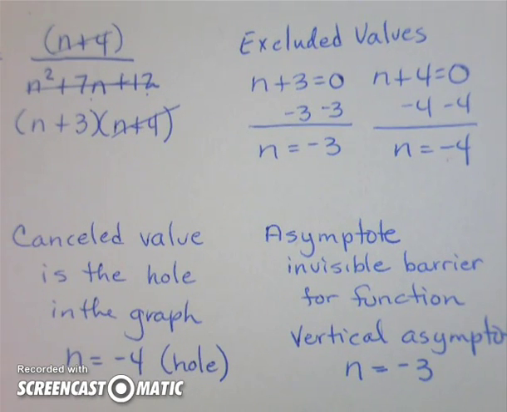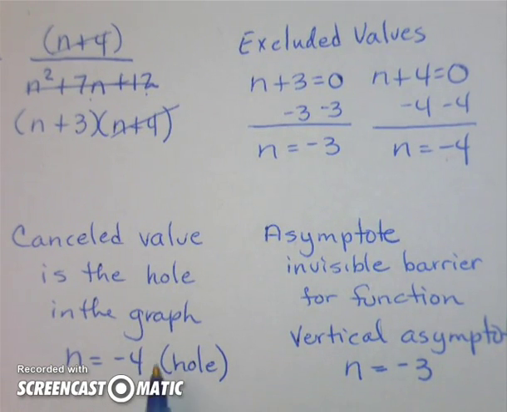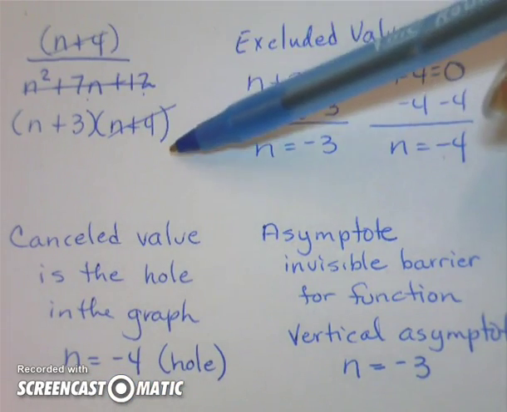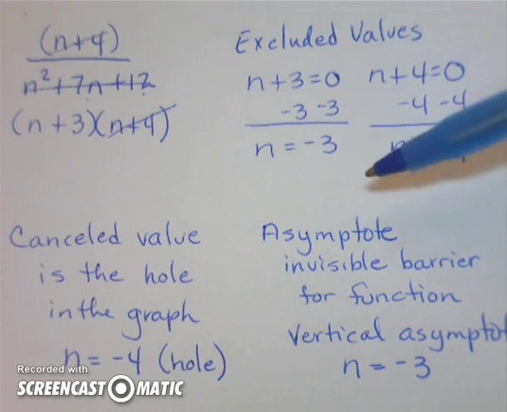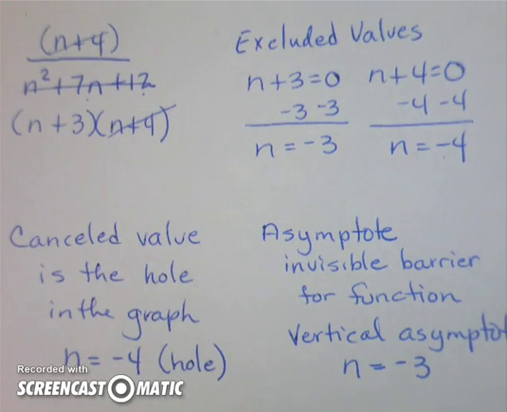To find whether the graph has a hole or an asymptote: a hole is a canceled value. The one that I can cancel out creates a hole in the graph, whereas the other creates an asymptote, that invisible barrier that goes through the graph.